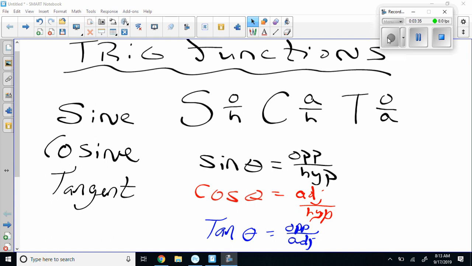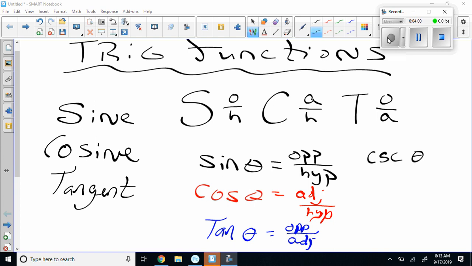Guys, we can also do their inverses, right? Now, their inverses are this. So if I go, the inverse of sine would be the cosecant, right? The cosecant of theta would be the inverse of sine.